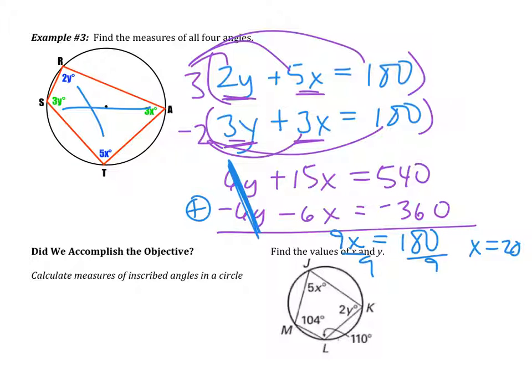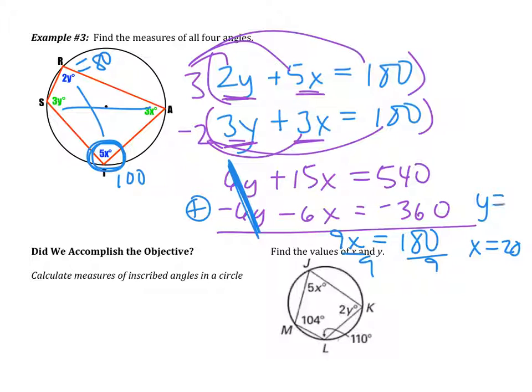Okay? So, what's 5 times 20? 100. So what does 2y have to now equal? 80. What does y equal? What's 80 divided by 2? 40.